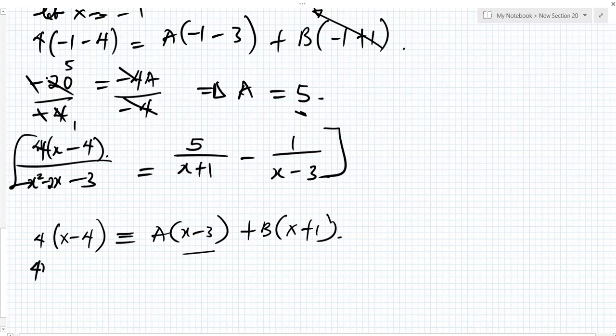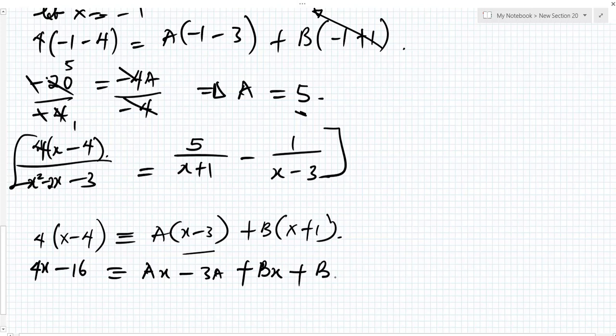I have 4x minus 16. If I expand this, I have ax minus 3a plus bx plus b. So this is equivalent to saying a plus b times x plus minus 3a plus b.